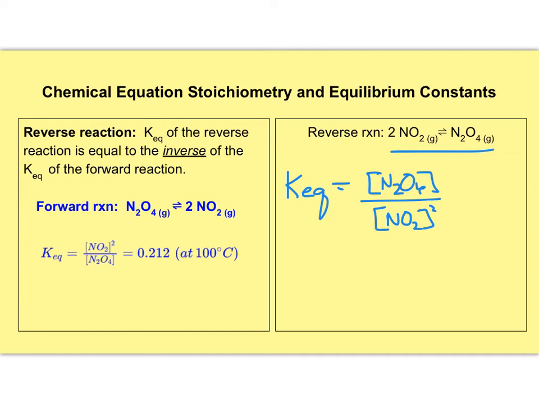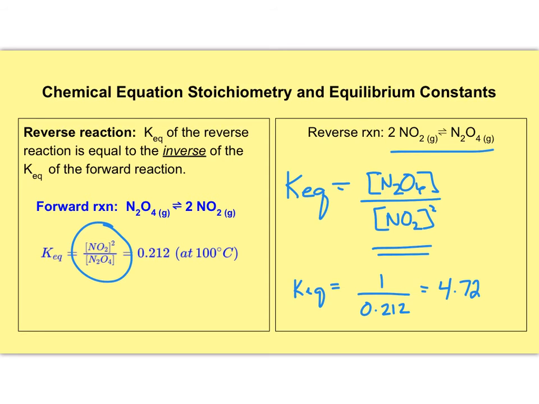But notice that this is just the inverse of the KEQ for the forward reaction. It's flipped. So the KEQ will equal the inverse of 0.212. That happens to give you 4.72.